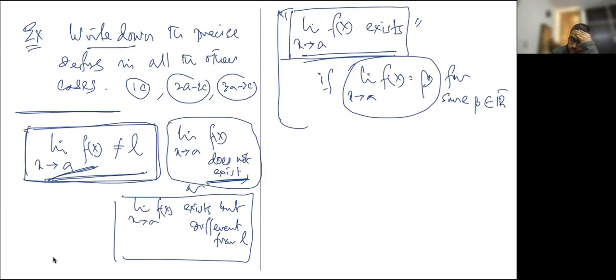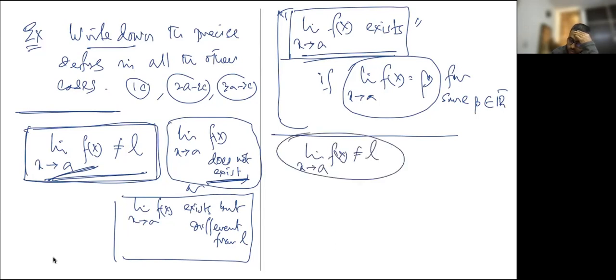Okay, now looking at the definition of the first case, 1a, can you describe exactly when this would happen using, let's say, epsilon and delta?